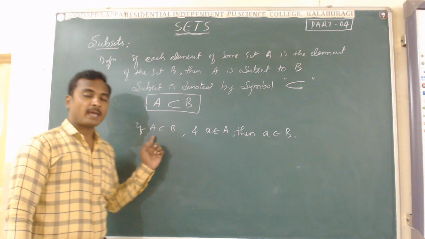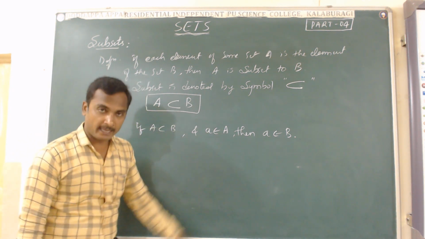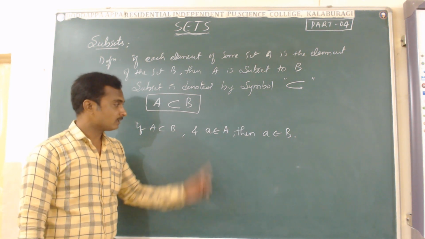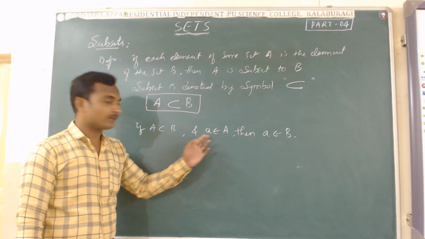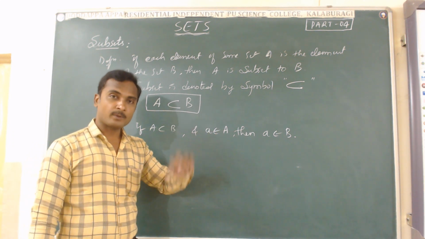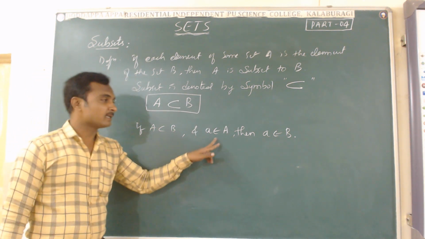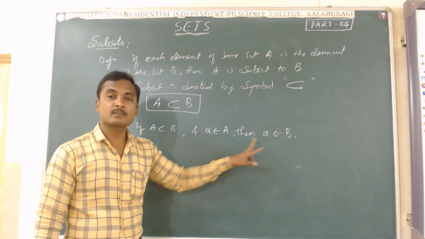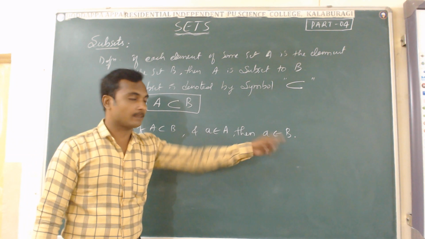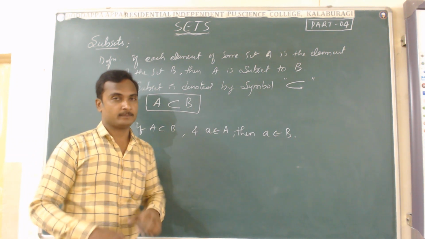That is, if A is a subset of B, then if a is an element of the set A, then a must compulsorily be an element of the set B. It means A is a subset of B if and only if a belongs to A implies a belongs to B. So the element which belongs to the set A must belong to the set B. Then only we can say that A is a subset of B.